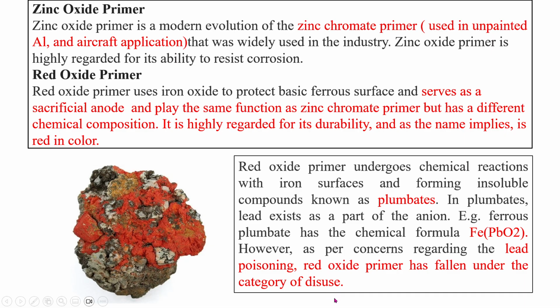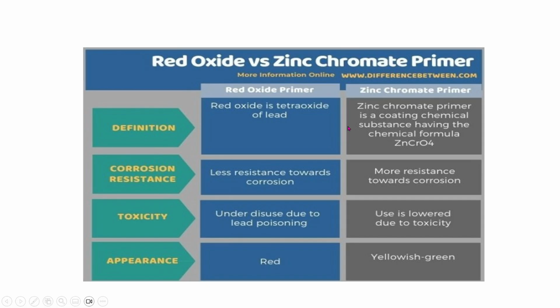That's why red oxide primer is nowadays not used. After the reaction it forms lead oxide. Lead is a poison. That's why red oxide primer is not used. Zinc oxide primer or zinc chromate primer is what we are using as a primer.